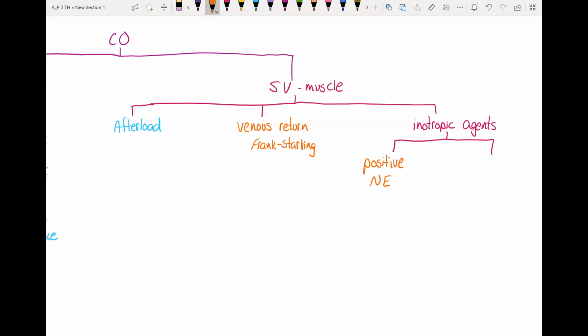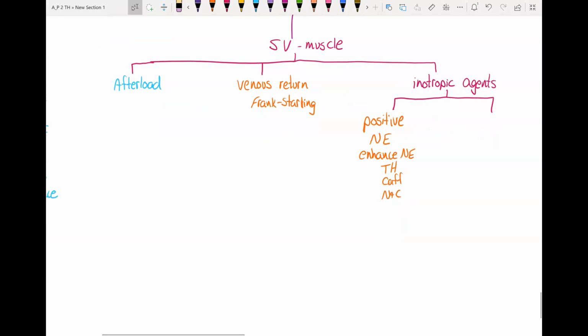So norepinephrine affects both rate and force. This is also going to be your things that enhance norepinephrine. So the thyroid hormone, the caffeine, the nicotine, and cocaine, same list as before. Also on this list, we have digoxin. Remember, that's the drug that's used to treat a weak heart because it traps calcium inside.